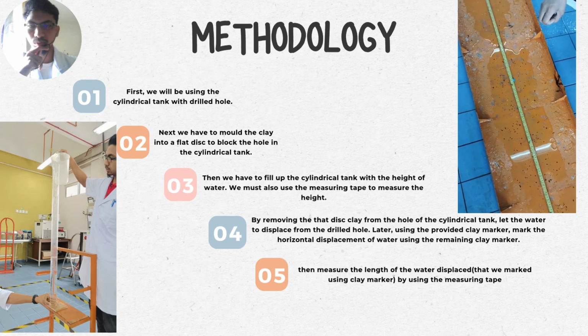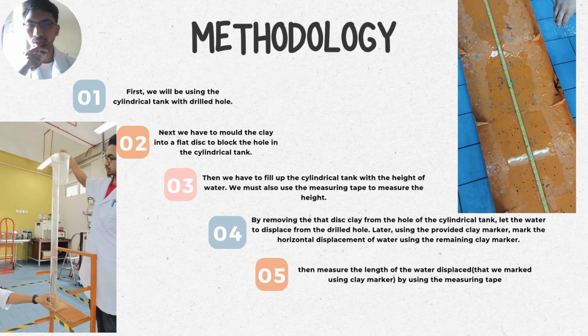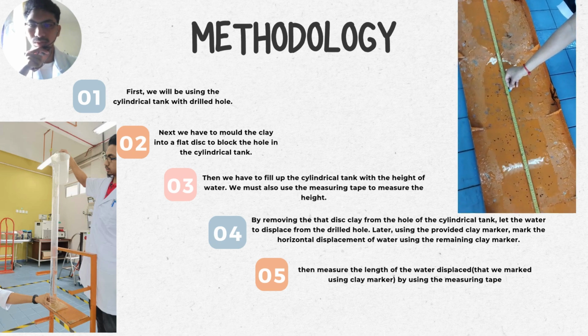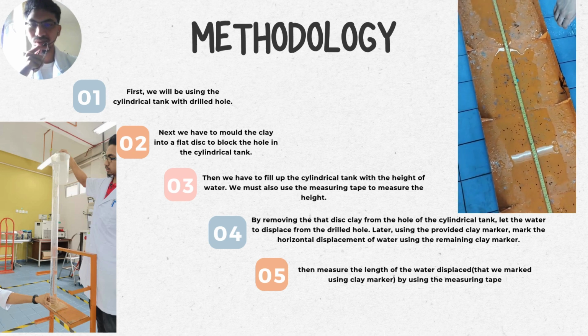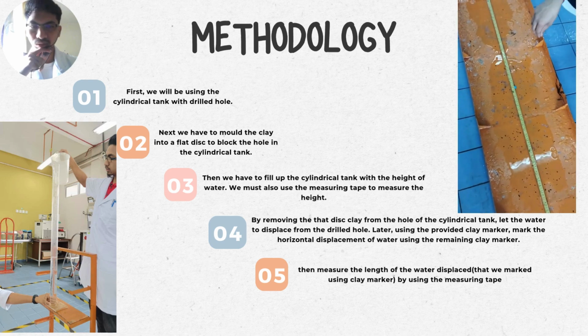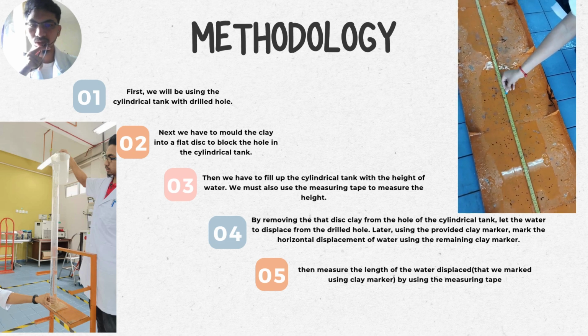First, we need to measure the distance between the holes. Then we have to count the intersected depth of the hole in the cylindrical tank. Then we have to fill up the cylindrical tank with water. The most important is the measuring tape to measure the depth.